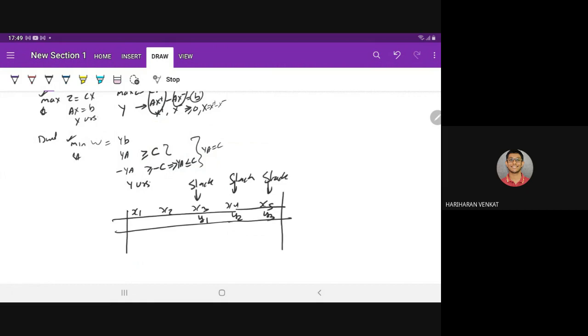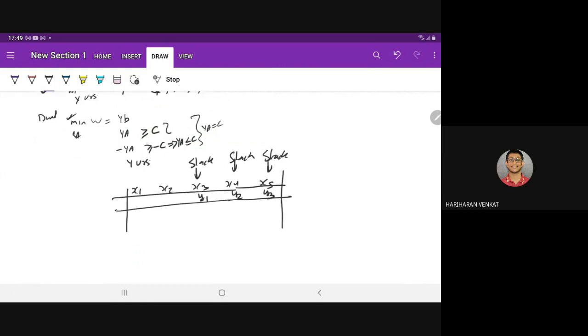It is true only when all constraints are of less than type and you have added slack variables. And y1 is equal to 0, y2 is equal to 3, and y3 is equal to 2, which is CB B inverse P3 minus c3, CB B inverse P4 minus c4, and CB B inverse P5 minus c5.